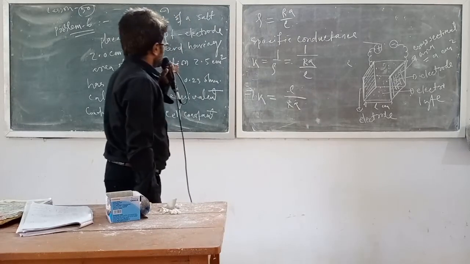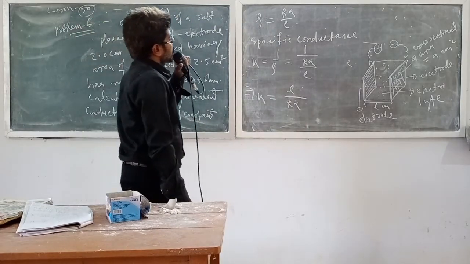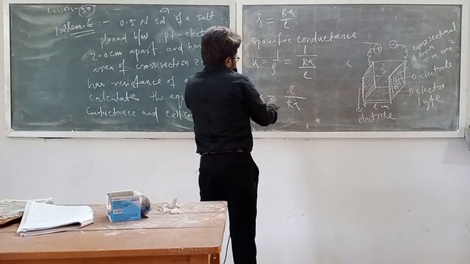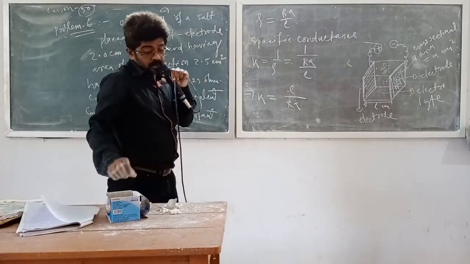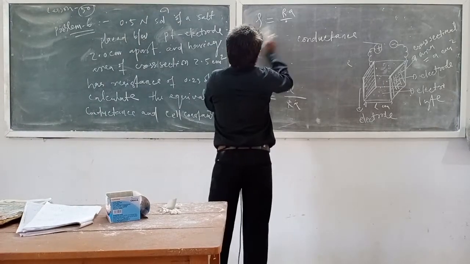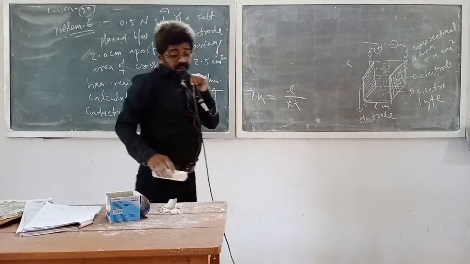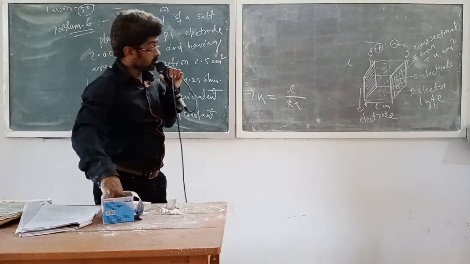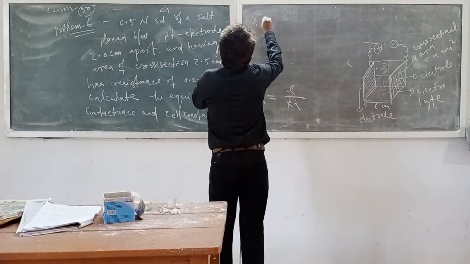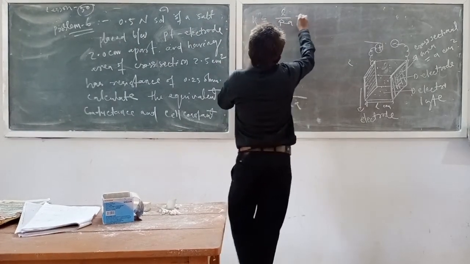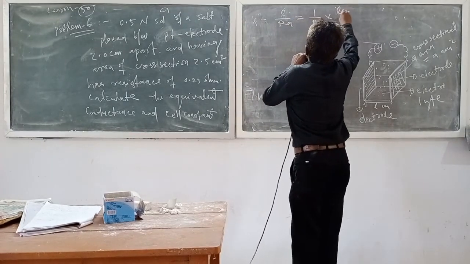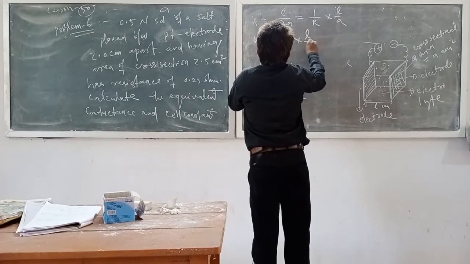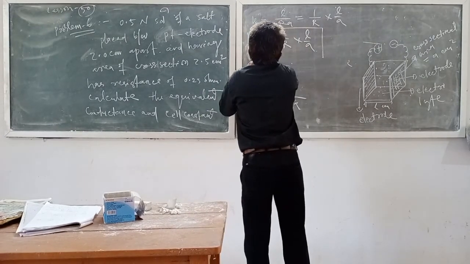So we got that rho equal to RA by L, and the specific conductance is the reciprocal of the specific resistance. Finally we got K equal to L by RA, which is equal to 1 by R into L by A. This is our final calculation.